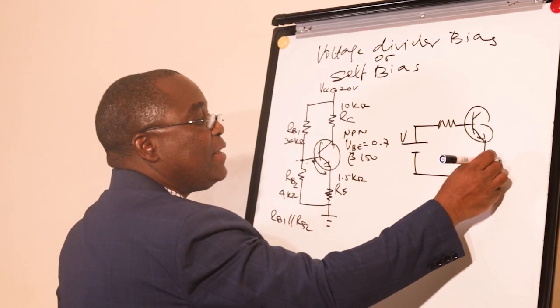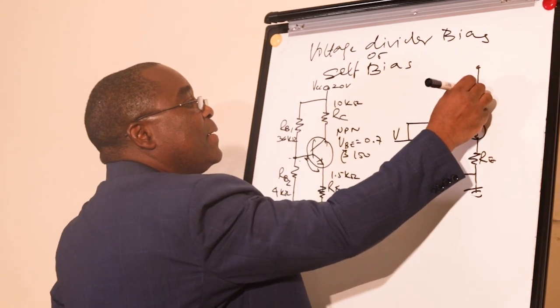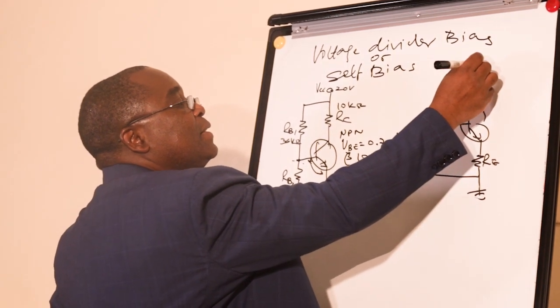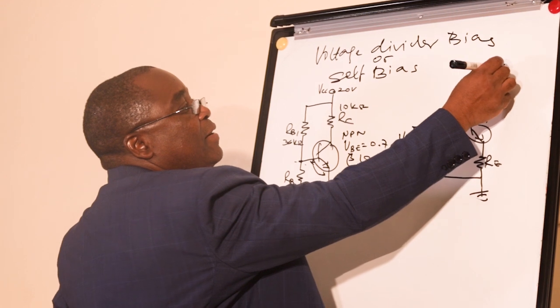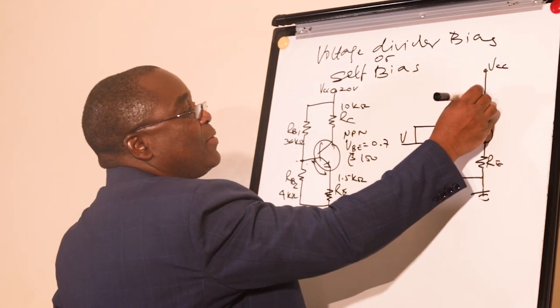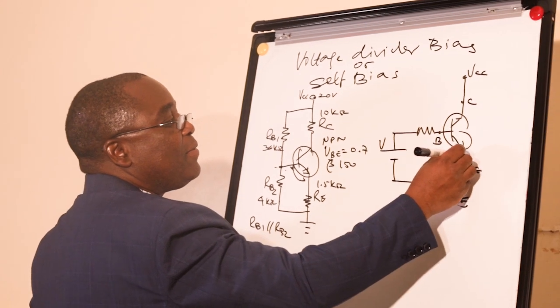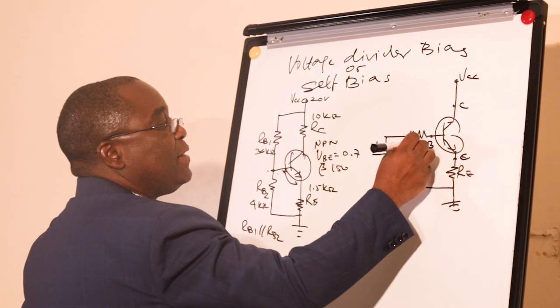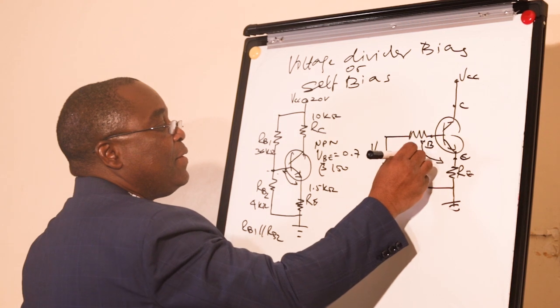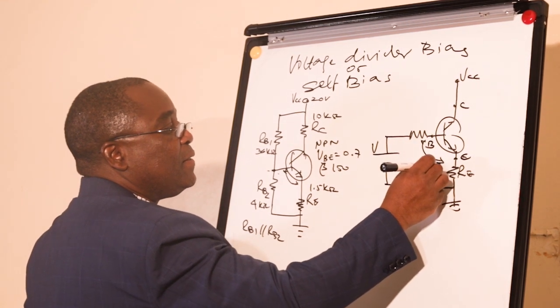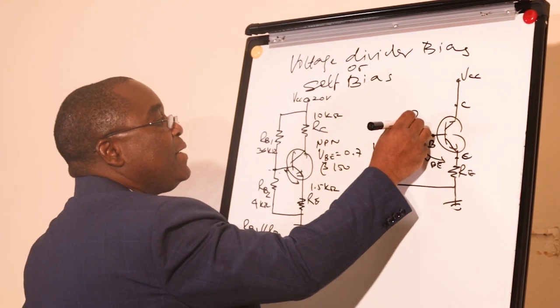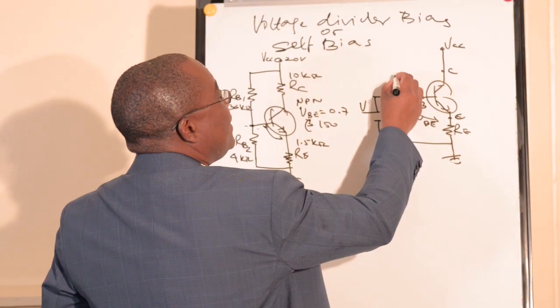And this is our VCC. So we have collector here, base here, emitter here, and this is the VBE voltage, and this is the Thevenin resistor RBB.